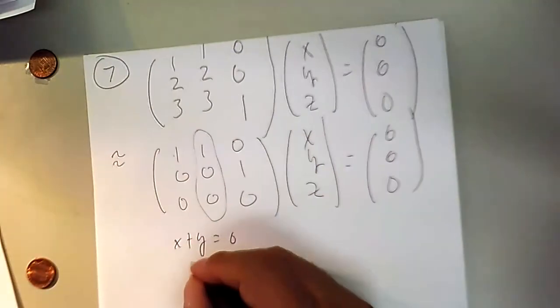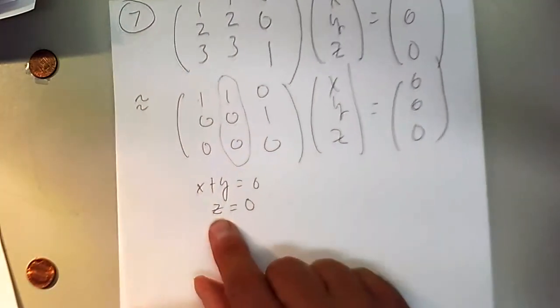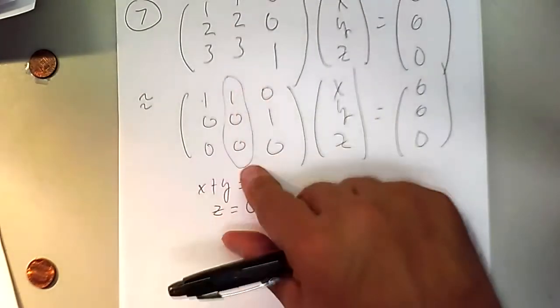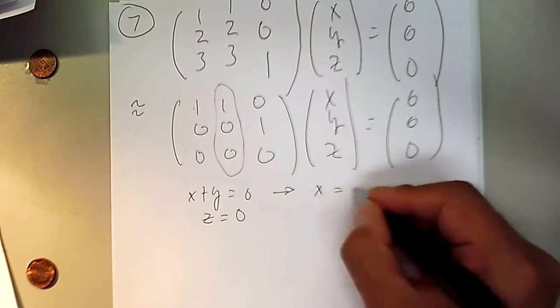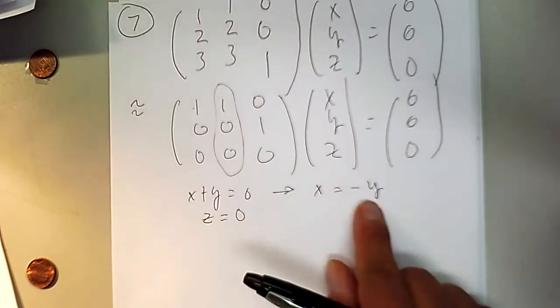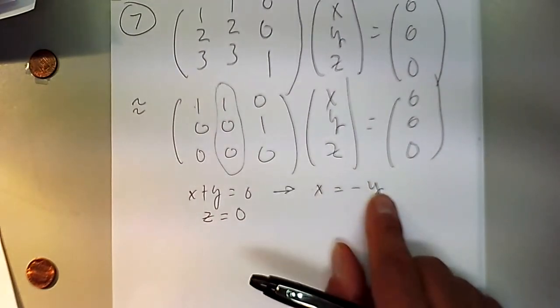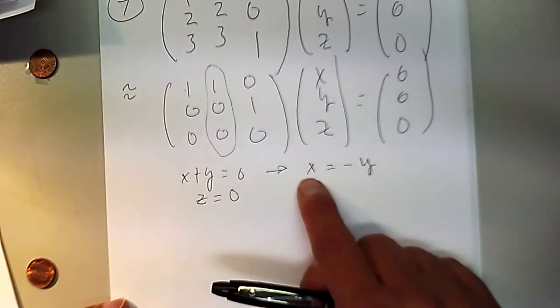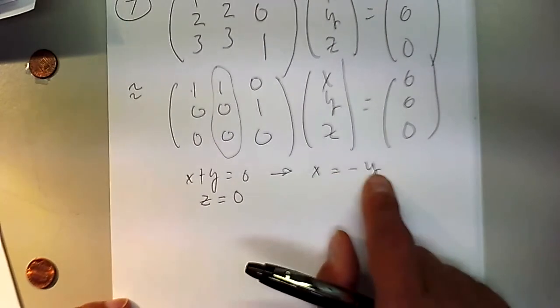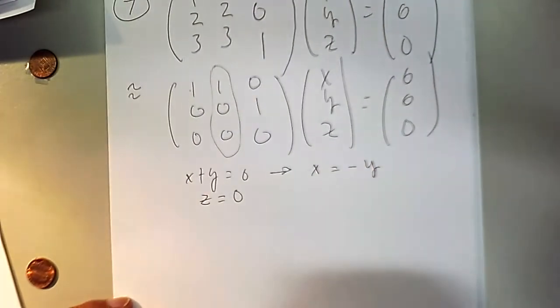Again, z is equal to 0, but I'm not going to fall for this. That doesn't mean that z is free. y is the free one, because from here we get that x is negative y. So whatever y is, x has to follow. If y is 1, which we want to get a special solution, then x has to be negative 1 because of that negative.